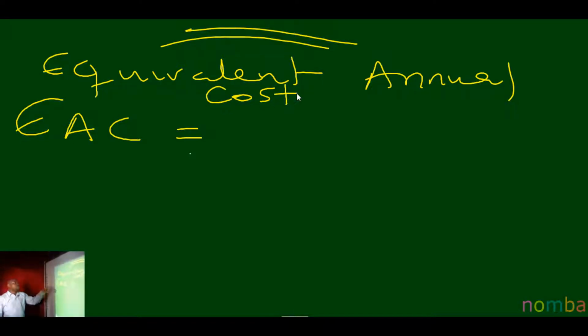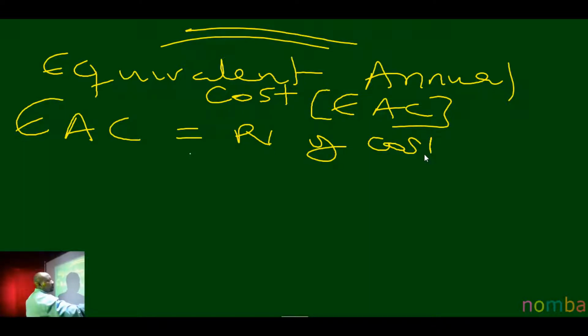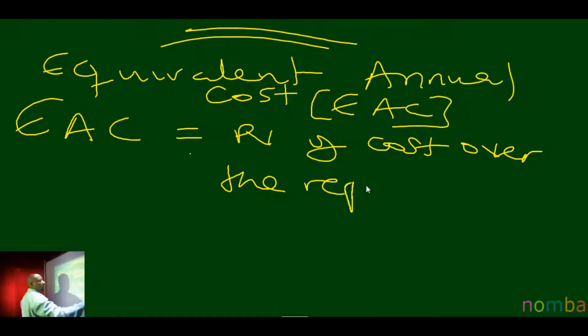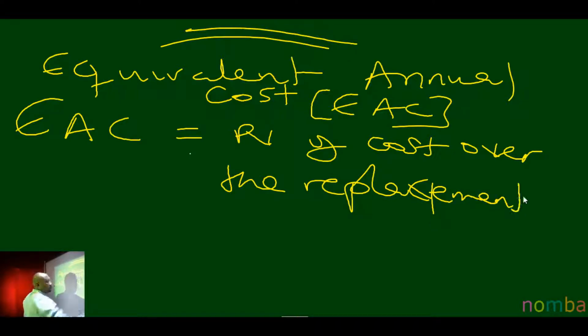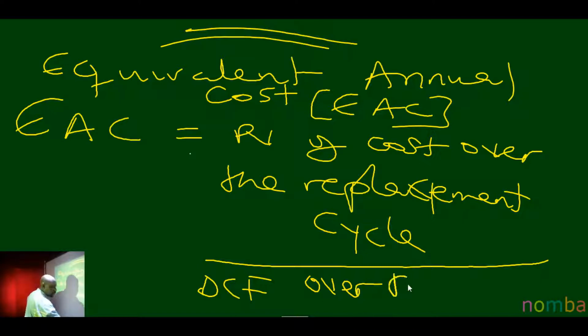And to determine equivalent annual cost, which is known as EAC, we need to obtain the present value of cost over the replacement cycle divided by DCF over the replacement cycle.